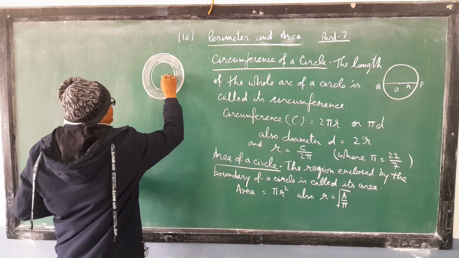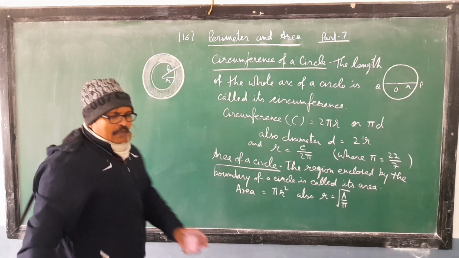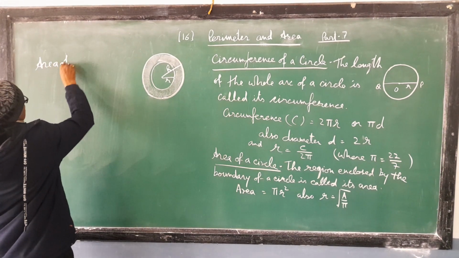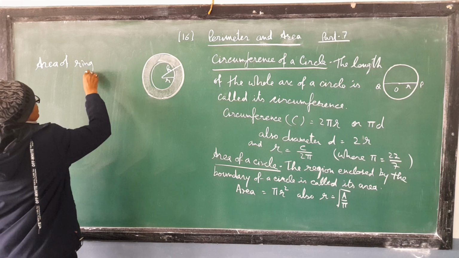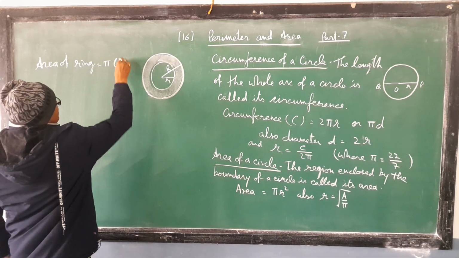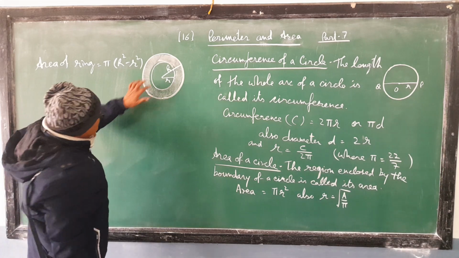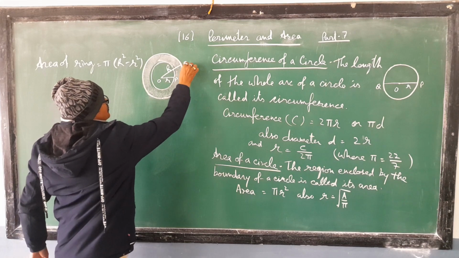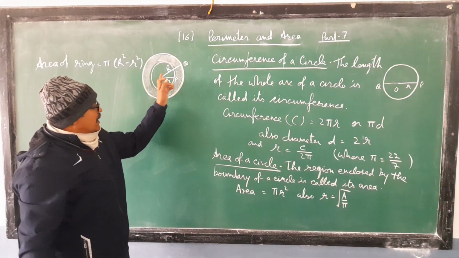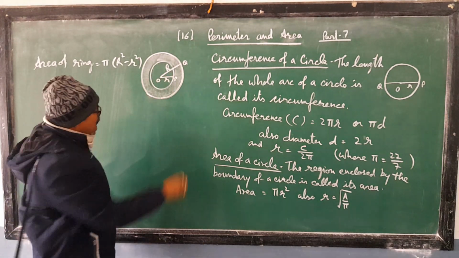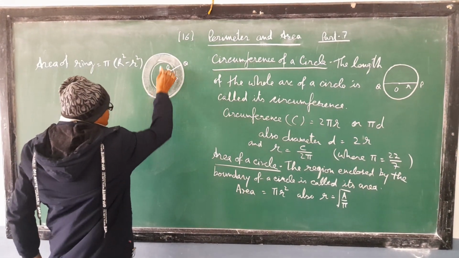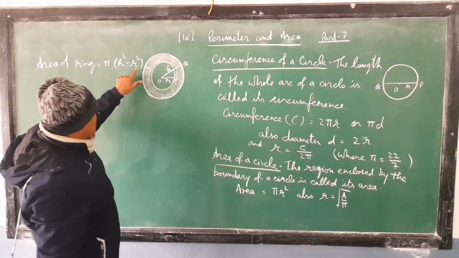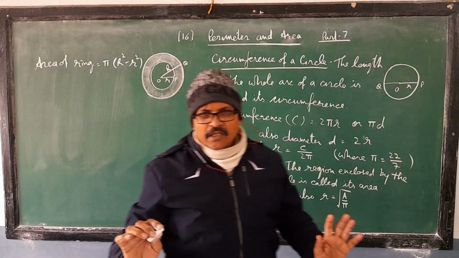This radius is smaller and this radius is capital R. Area of ring is equal to pi into capital R square minus small r square, where small r is the inner radius and capital R is the outer radius. So if you have to find the area of this shaded region, called a ring, it should be pi capital R square minus small r square. All of you understanding? Okay.